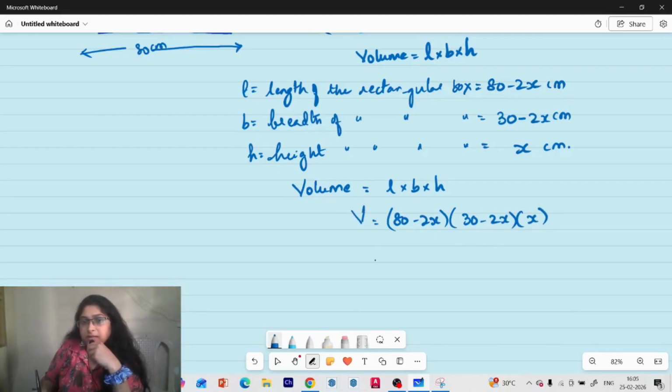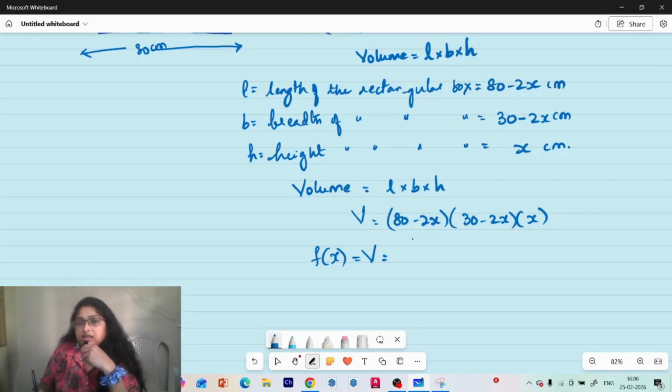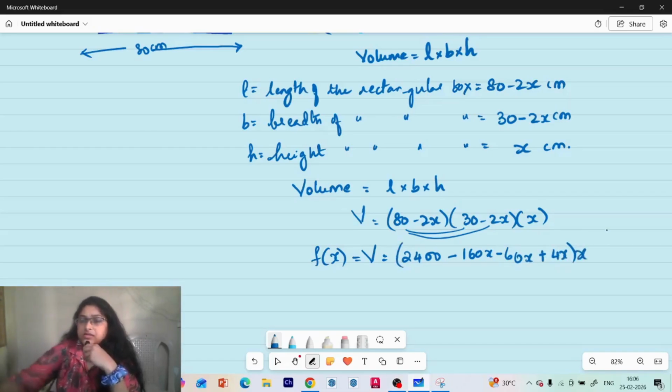So let's multiply it all. Here our volume is nothing but f of x, a function in x. First I will multiply the first two factors, and last I'll multiply with x. I get 2400 minus 160x minus 60x plus 4x squared, the whole thing into x again.